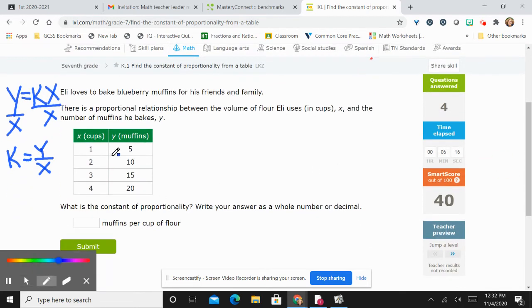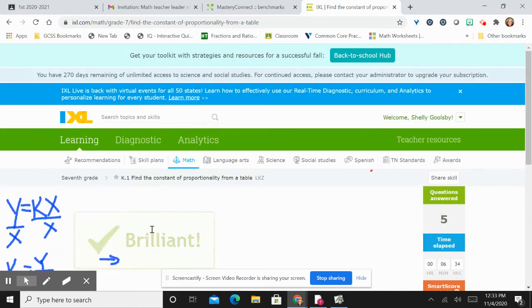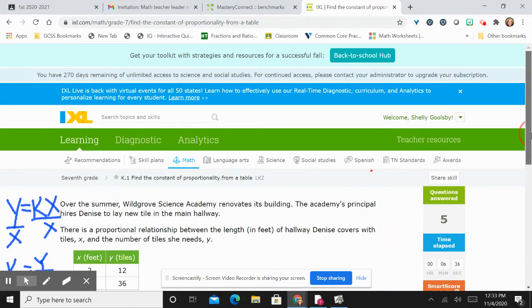Again, you have the 1 right there. So, is this not count by 5? 1 times 5 is 5, 2 times 5 is 10, 3 times 5 is 15, 4 times 5 is 20. So you're having the same thing every time. So here we go. All right.